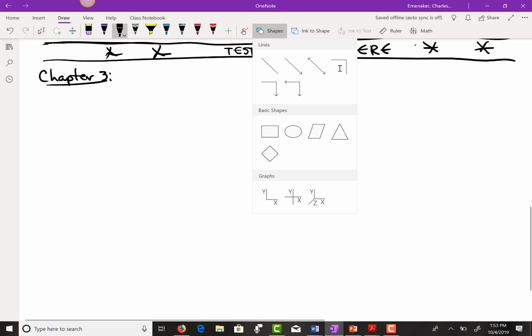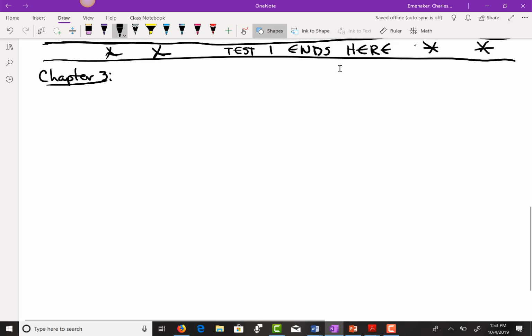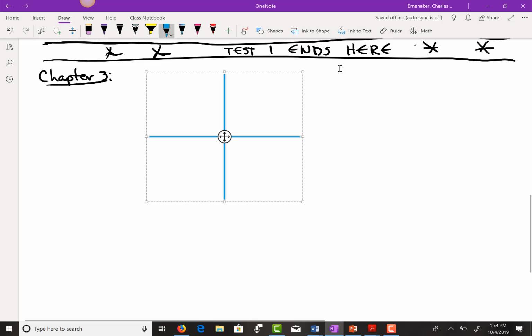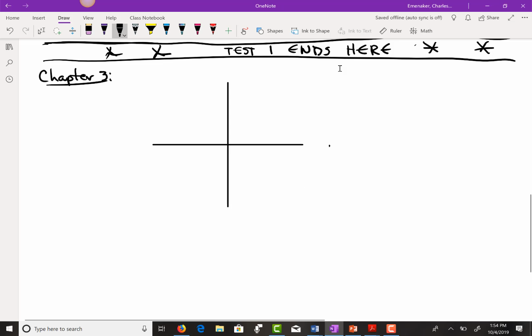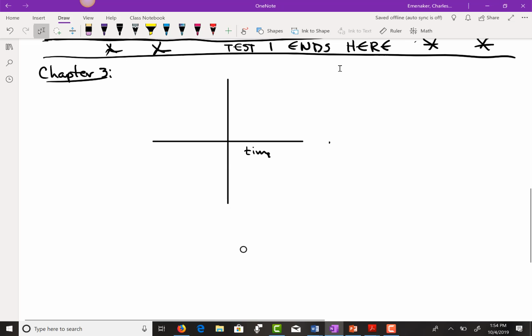I don't know, let's see if this will, eventually maybe I'll get this to work. Oh, look at there. It did. Okay, so we'll call this time, time of day, and minutes until sunburn.